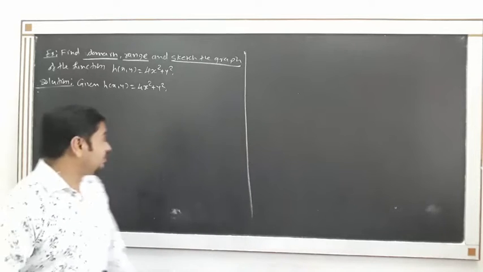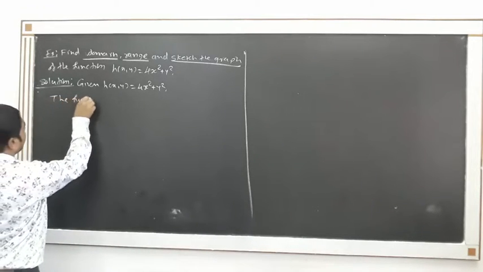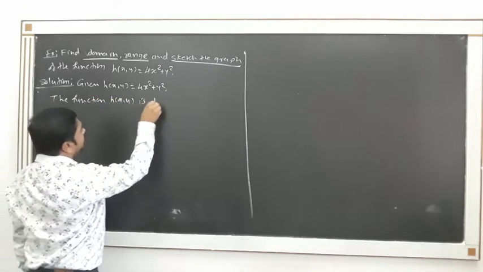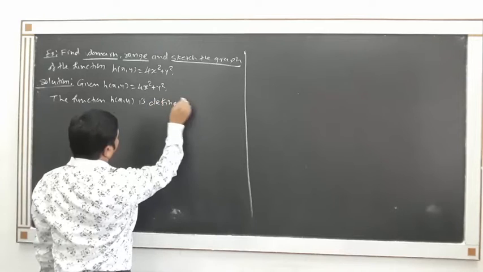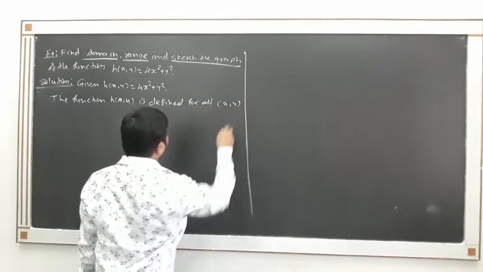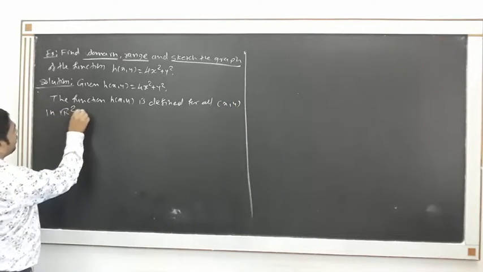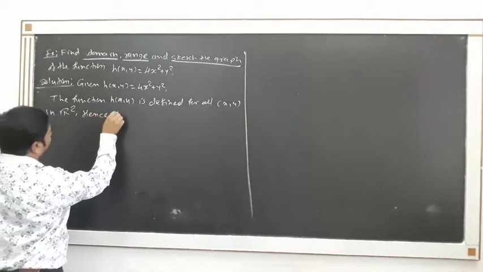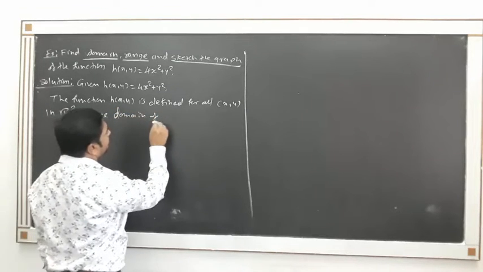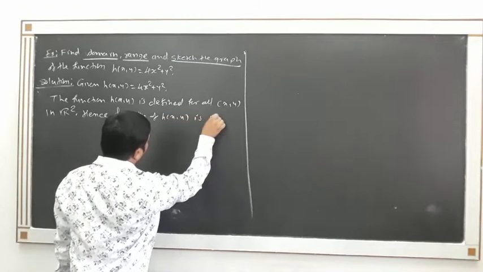So we can write: the function h of xy is defined for all xy in R square, hence the domain of h of xy is R square.